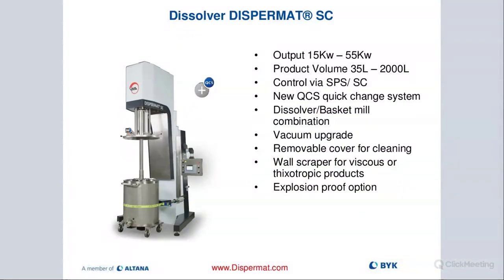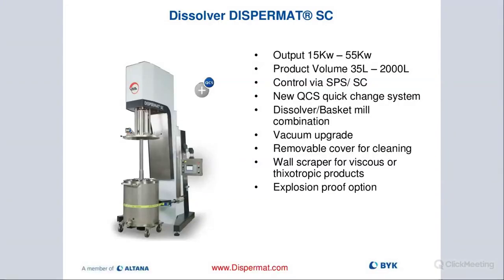Production scale, the dissolver right here is the Dispermat SC. The beauty here is that you can also convert the Dispermat SC in a production volume capacity over to a basket mill, or rotor-stator.